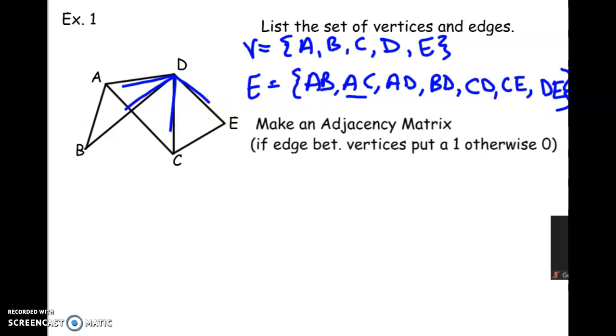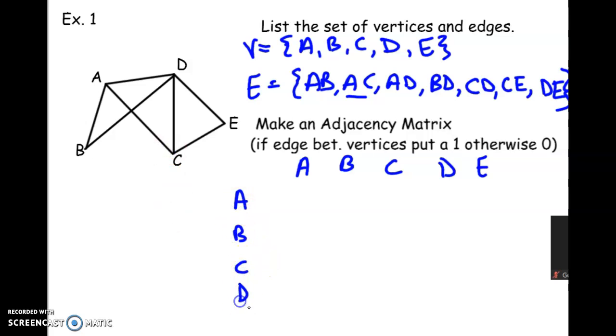All right, next thing, make an adjacency matrix. What this is going to do, you're going to list out all your vertices kind of in a matrix. So like A, B, C, D, E on the top and A, B, C, D, E going down the side, and we're going to make a matrix out of it.